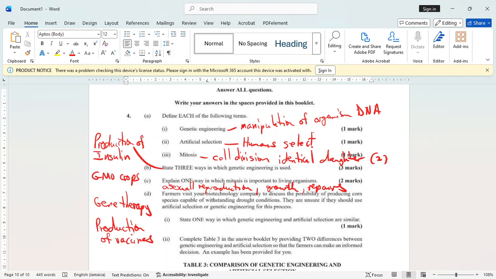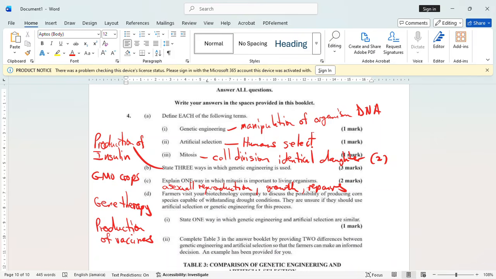Farmers visit your biotechnology company to discuss the possibility of producing corn species capable of withstanding drought conditions. And I just mentioned something along that line. They are unsure if they should use artificial selection or genetic engineering for this process. State one way in which genetic engineering and artificial selection are similar.